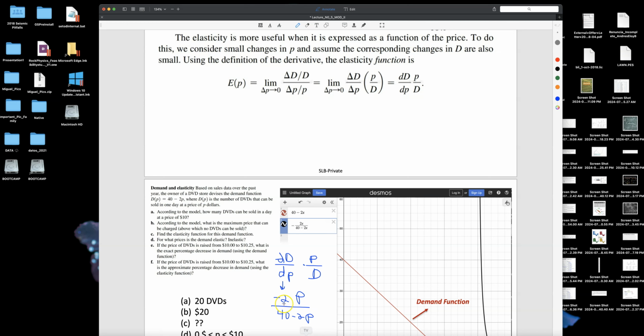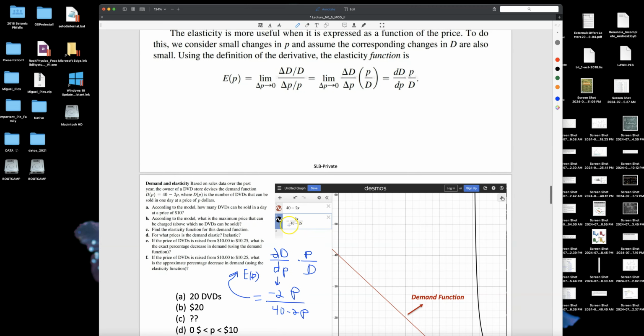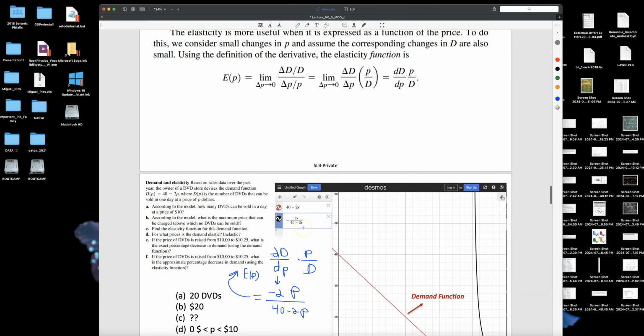Okay? So this is going to be the elasticity function of the prices of selling DVDs in this store. That's what you have over here. Minus 2p, in this case 2x, divided by 40 minus 2x.